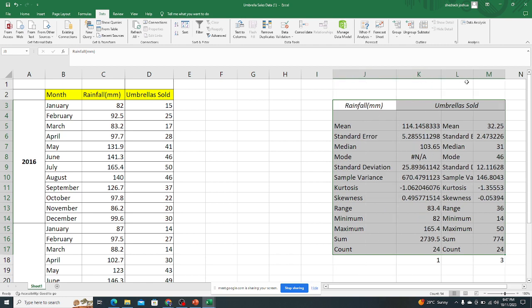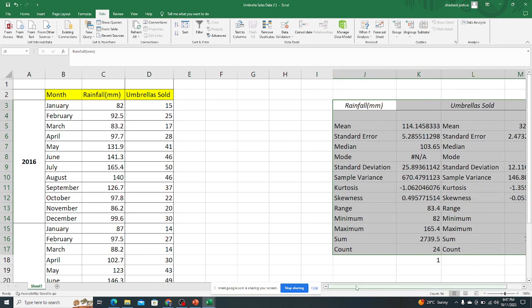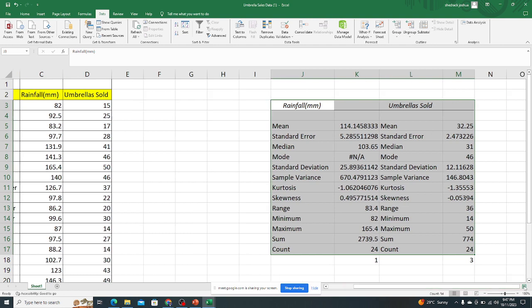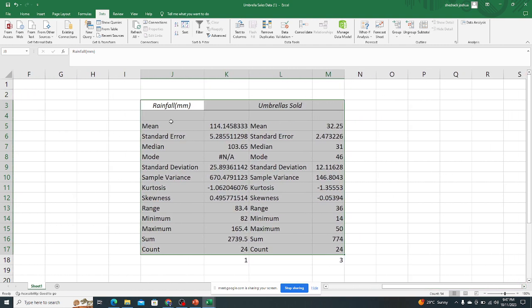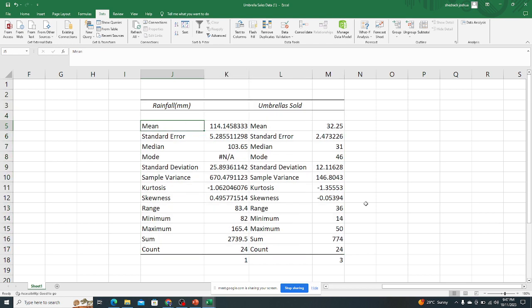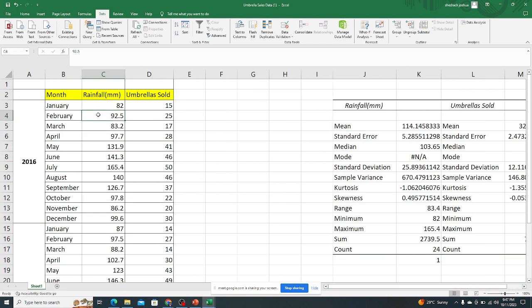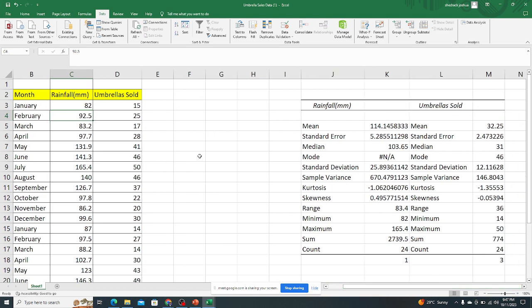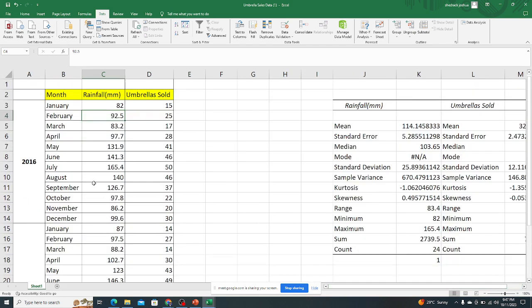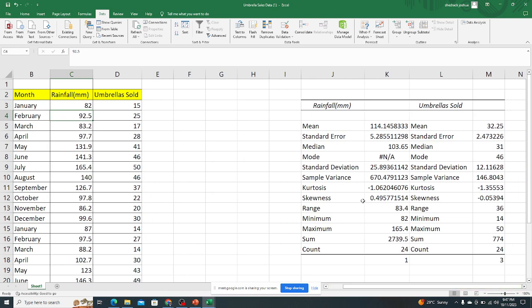So you can see I have done a descriptive analysis of this data. We have the average amount of rainfall in these two years, 2016 and 2017, of 114.15 millimeters.